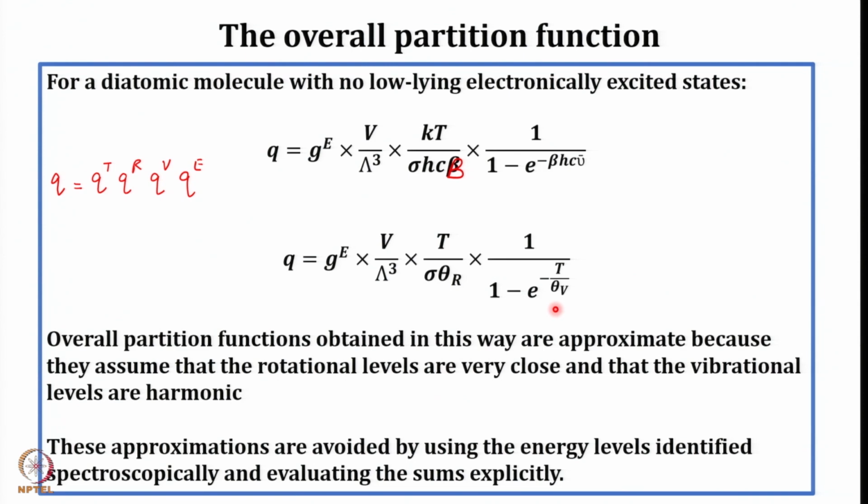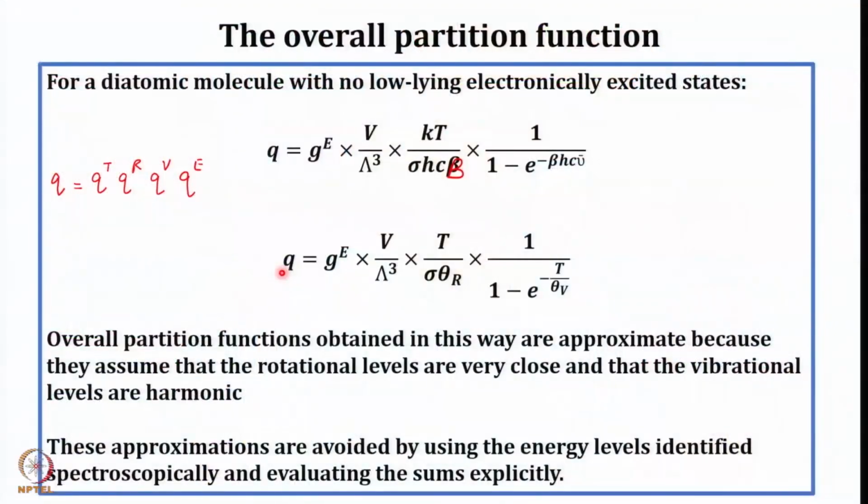So, it is up to you whether you want to use this form or you want to use this form, they are equal. Now, read the comment carefully. What is written over here? Overall partition functions obtained in this way are approximate because they assume that the rotational levels are very close and that the vibrational levels are harmonic.